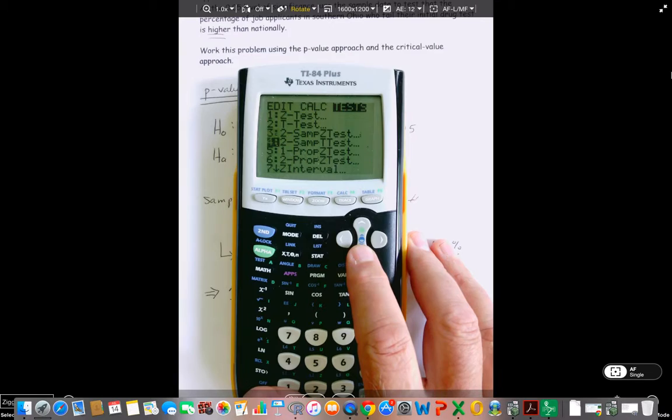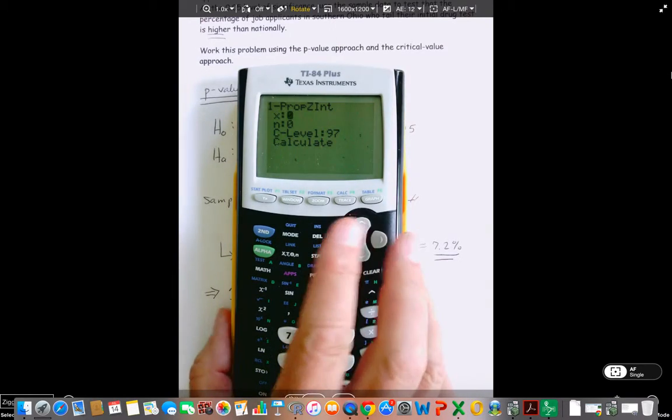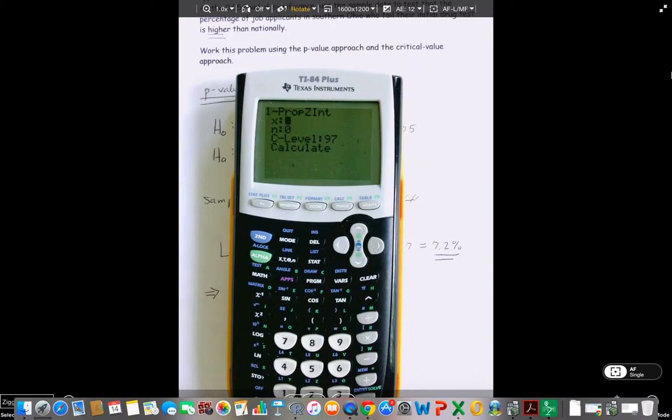So, let's scroll down to letter A. And let's put in our information. What's X? What's the count? 109. What's N? It's 1,520.